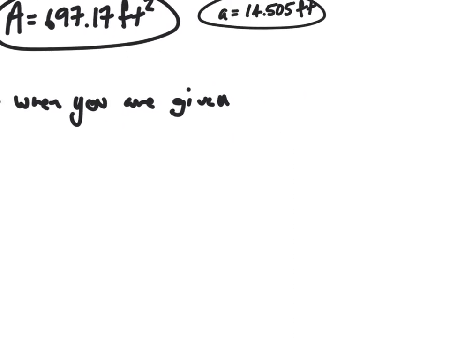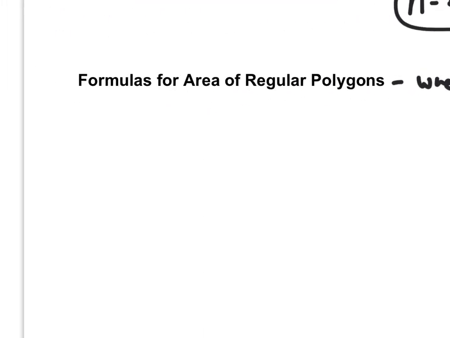So let's go through that. Let's do the first one if you're given the apothem A. This would be if you're given the apothem and you're not given anything else, so you're only given that length.